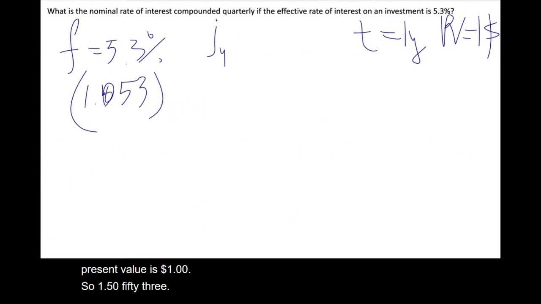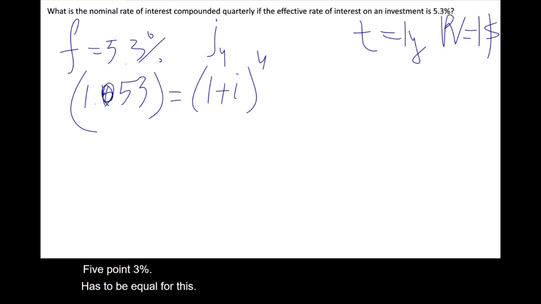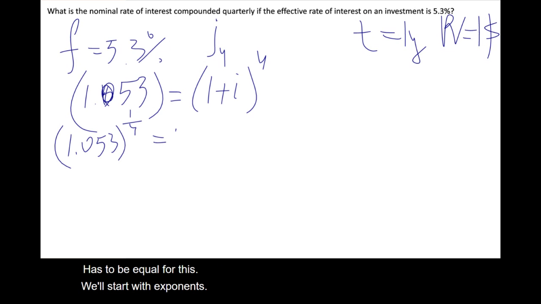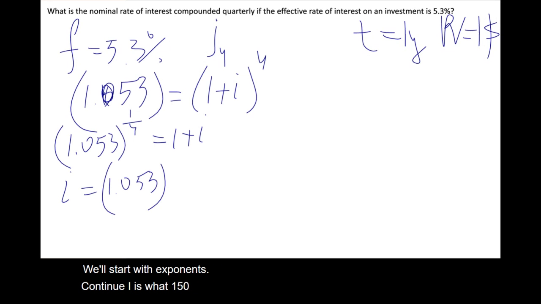So 1.053, that is the future value for $1 with J1 at 5.3%. It has to be equal for this. We'll start with exponents. Continue, i is 1.053, exponent 1/4, minus 1.